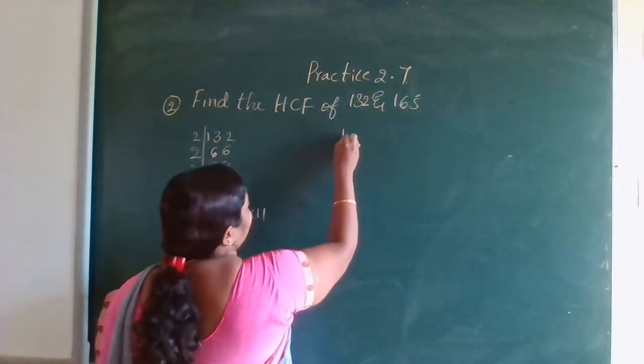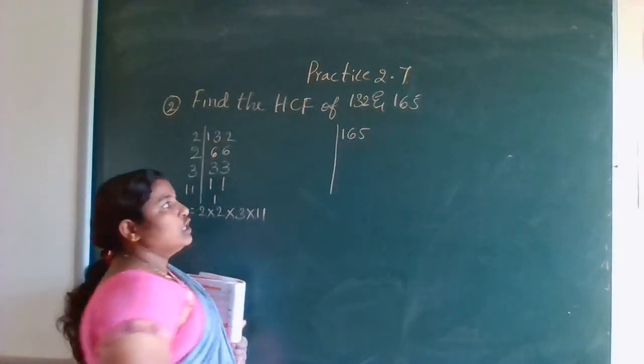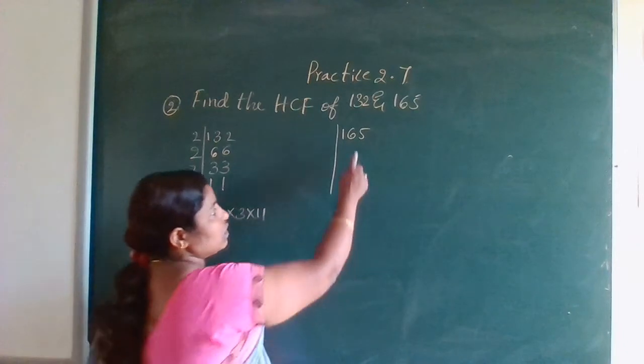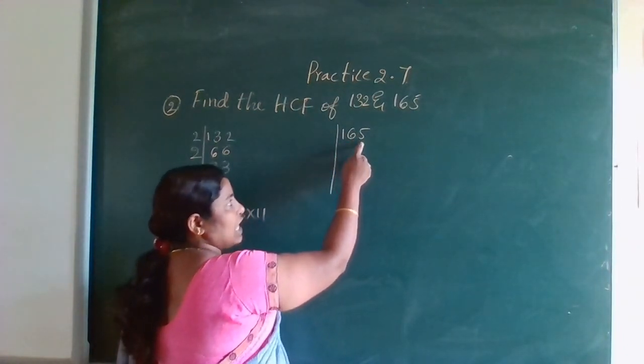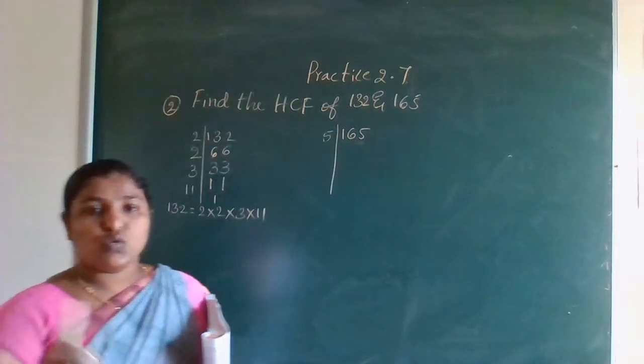Now take 165. For both numbers you should identify the factors by the division method. Now see the ones place. This is 5. If the ones place has 5, you should take 5 first. You should not take 2 and 3.